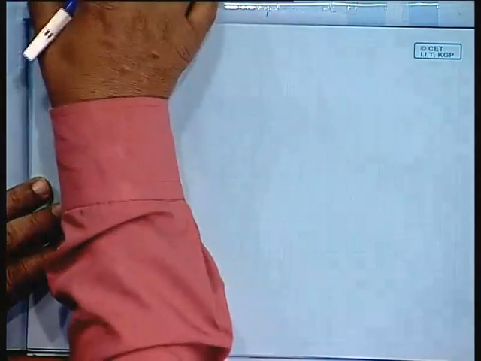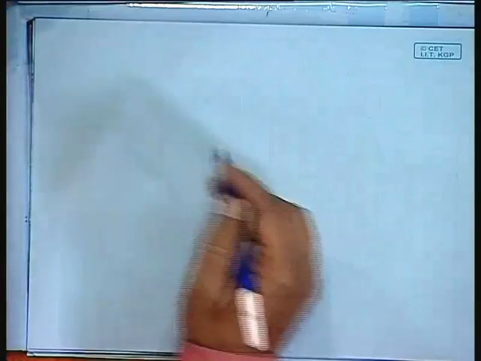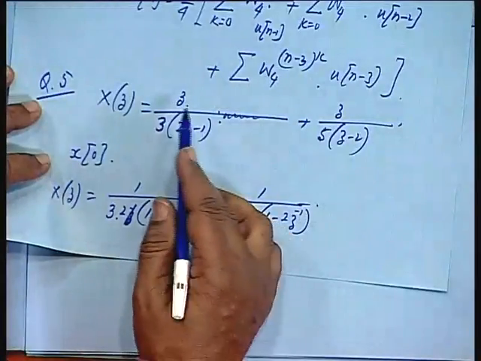If you break it up, see how do you get the initial value? z to the power minus 1, z to the power minus 2, they are all made 0. That means z is made infinity. So, if you put z equal to infinity, do you get this?